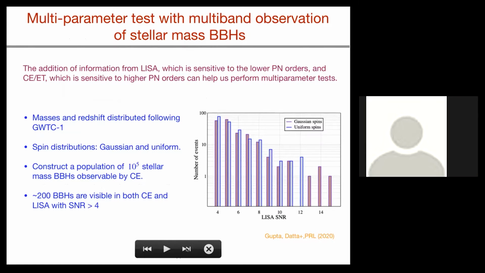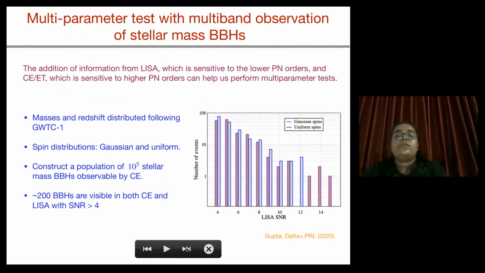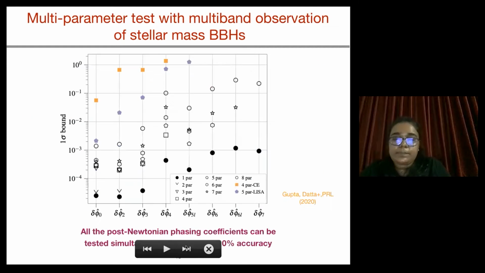Out of these 10 to the power 5 stellar mass binary black holes, we find that only 200 of them are visible by both LISA and CE. So these 200 binary black holes are our multiband candidates, which we will use for this test.